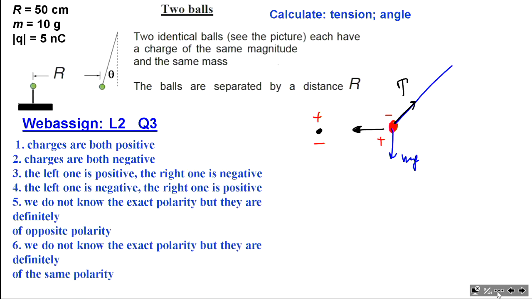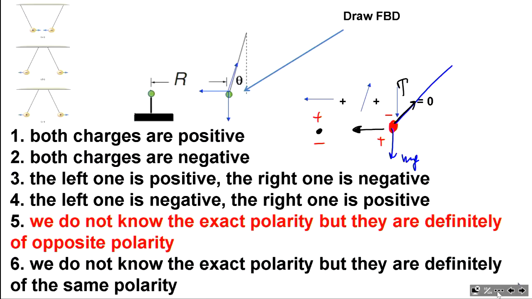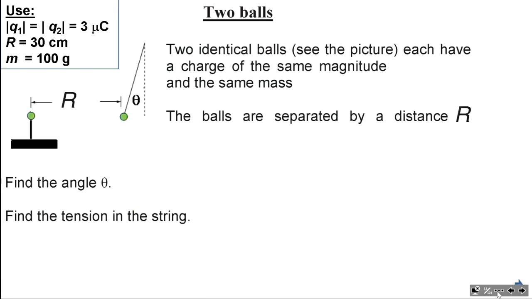But now with the free body diagram, of course, we can solve the problem. So, force of gravity, force of tension, the force of Coulomb's attraction, or we call it electric force.